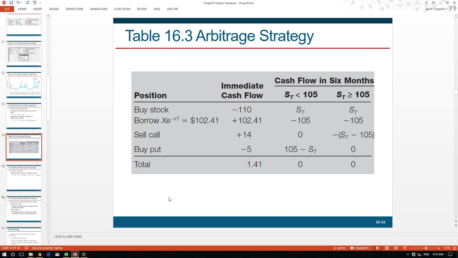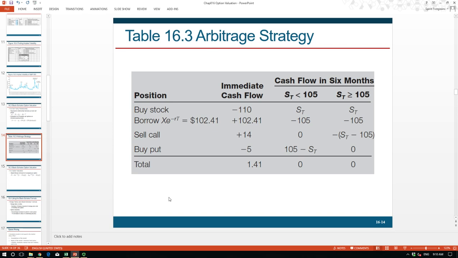And since you borrowed the present value of the exercise price, in the future you need to pay out $105. And the stock price can be lower or higher than that exercise price. If it is lower than the exercise price, then the value of the call option will decline to 0, and the put option will generate the payoff 105 minus ST, and when you put everything together, it is equal to 0.